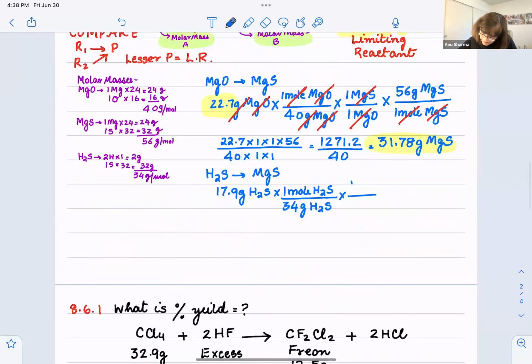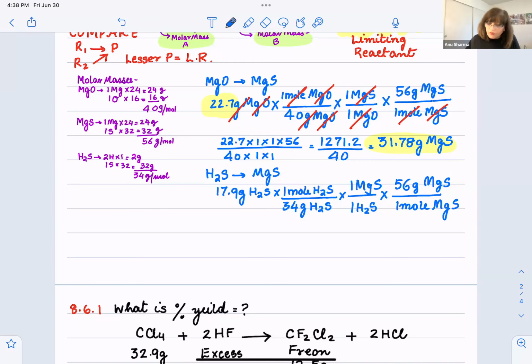Yeah, 1 mole of H2S is giving you 1 mole of magnesium sulfide. Okay, and that gives you magnesium sulfide. This is magnesium sulfide times 56 grams of magnesium sulfide over 1 mole of magnesium sulfide.